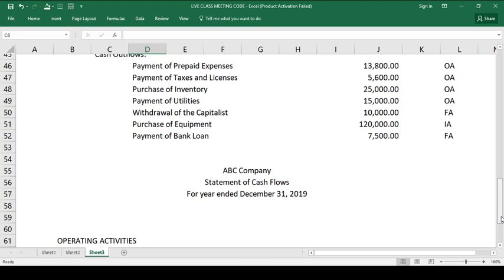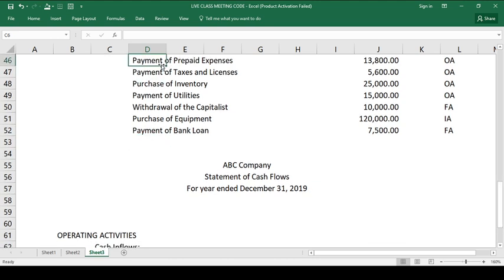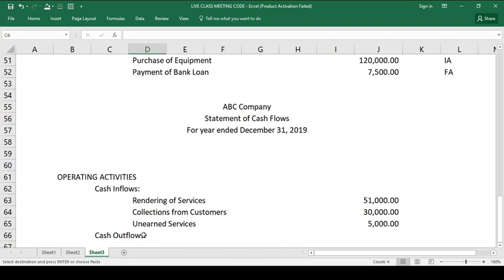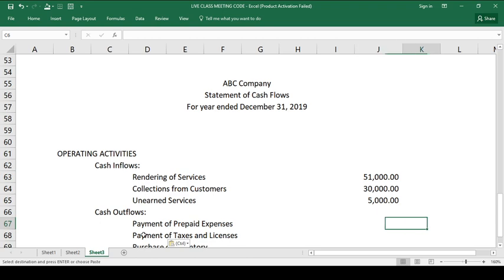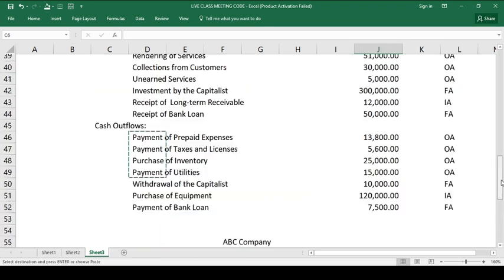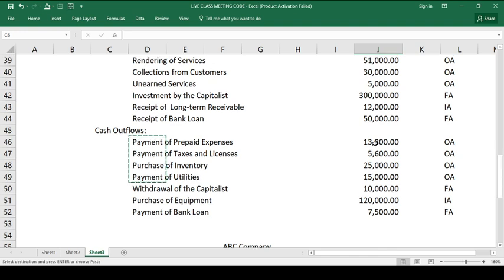Yung mga cash outflows natin, itong apat: payment of prepaid expenses, payment of taxes, purchase of inventory, payment of utilities. Copy. Paste. At kunin din natin yung mga figures, yung mga amounts nun. We have 13,800, 5,600, 25,000, and 15,000.